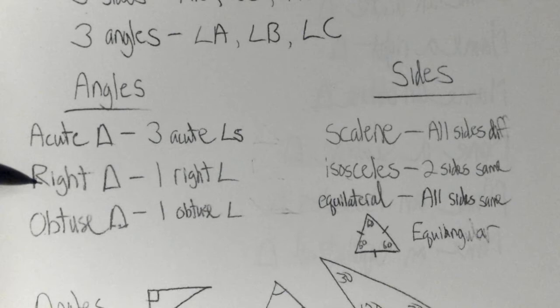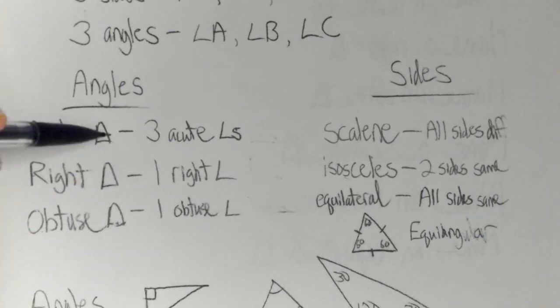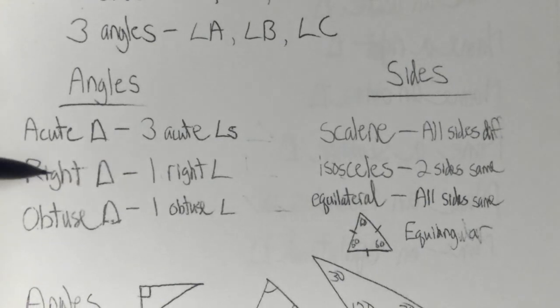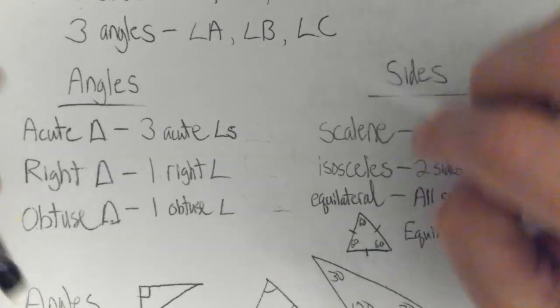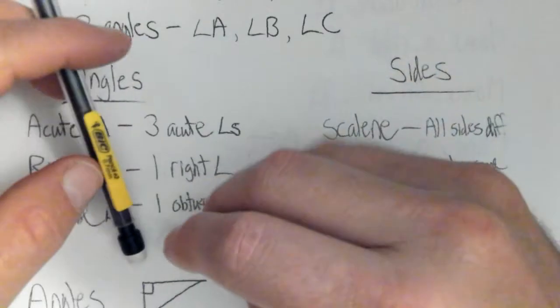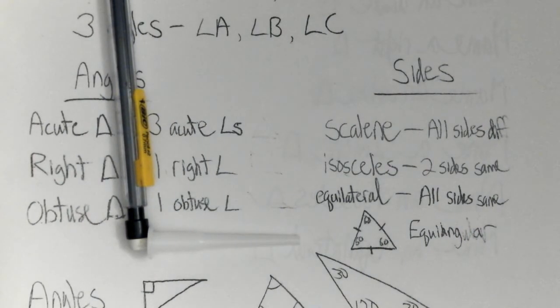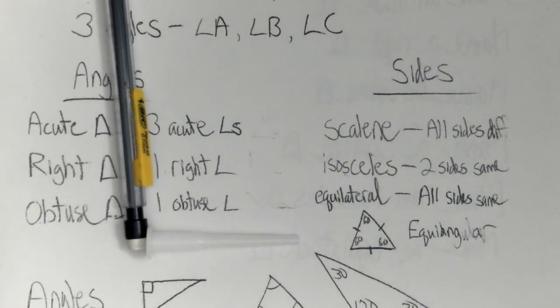You might be asking yourself, why just 1 right angle? How come it's 3 acute angles for an acute triangle, and not 3 right angles for a right triangle? Well, think about it. If you try to make 3 right angles, here's 1 right here.